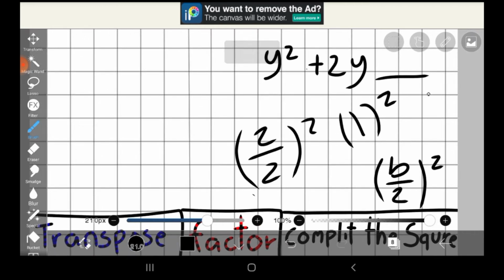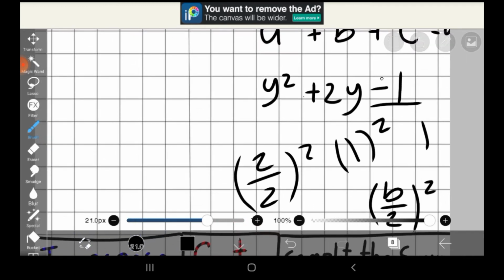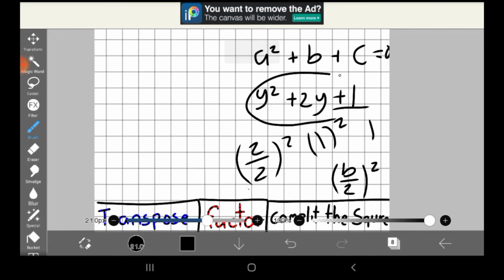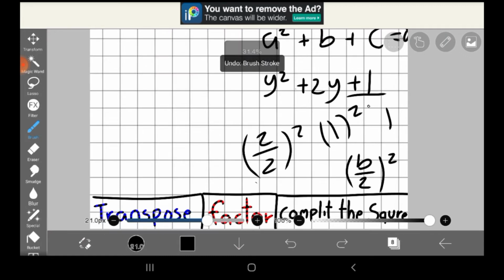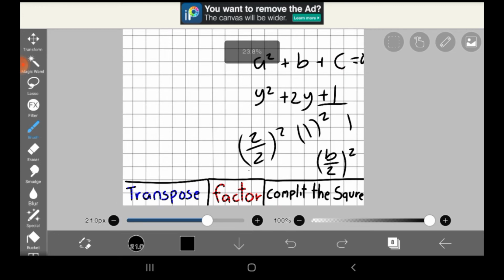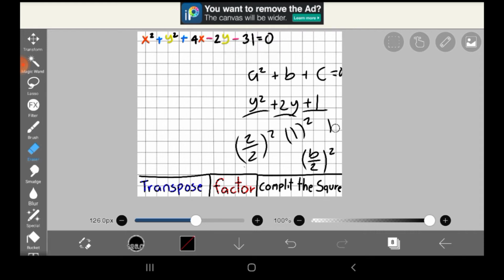So the constant here is positive 1. That's the general form. So we find the perfect complete square of the two terms, the leading term and then the second term. That's how we use completing the square.